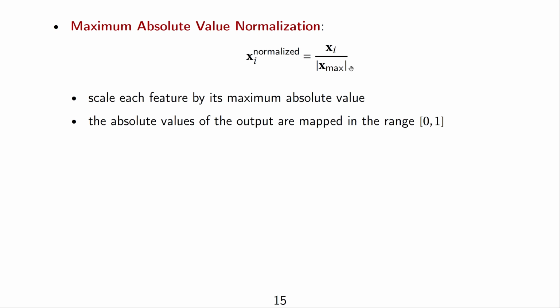Then if there's a negative sample that's, let's say, minus 1,000 and the largest positive one is only 100, then the value afterwards, in absolute value, will be -1, but the data will not reach +1 in that feature dimension.